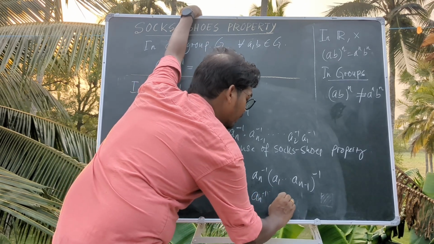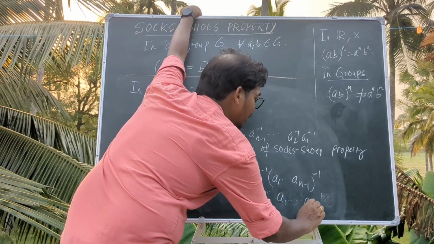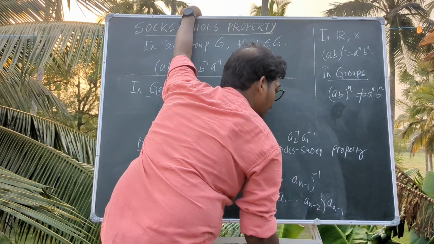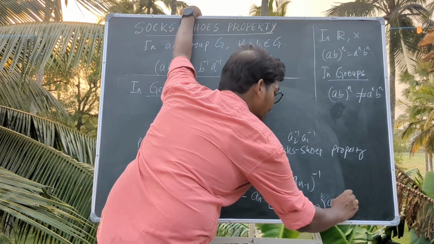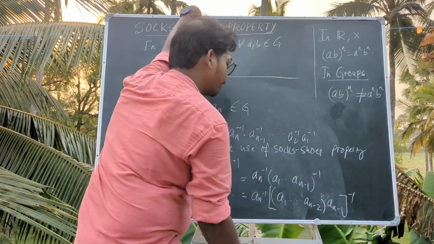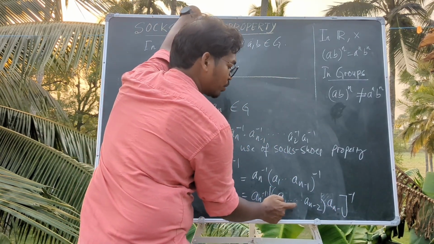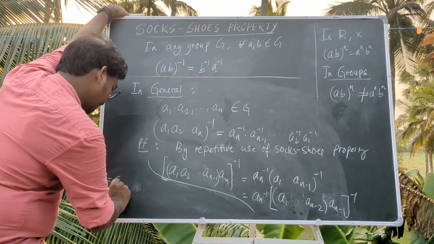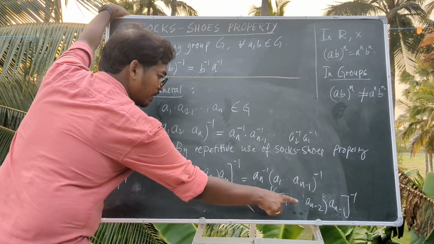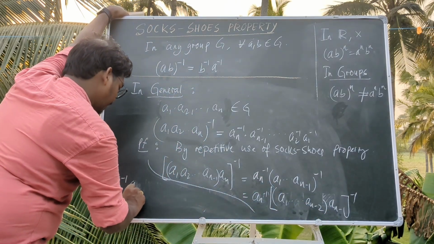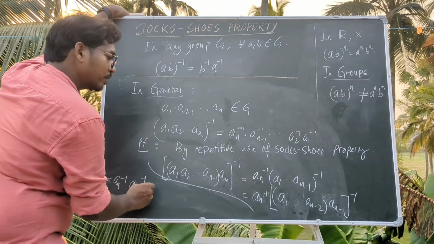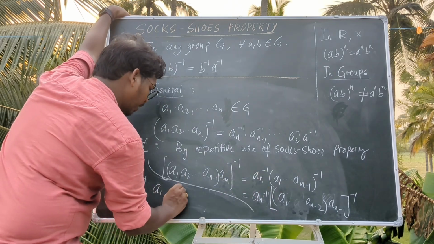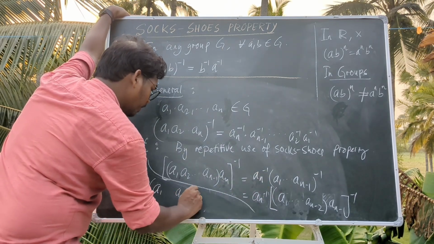We will group a1 up to an-2 as one element, and an-1 as another element. So this is A, this is B, and we are finding the inverse of AB, and this is the same as an^-1, then an-1^-1, then the whole a1 up to an-2 inverse.